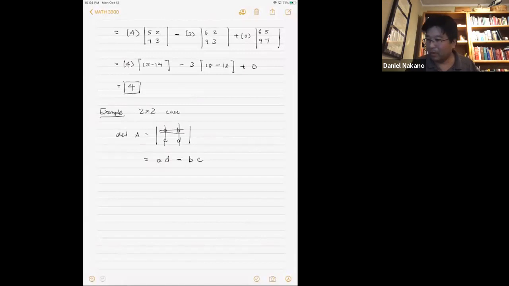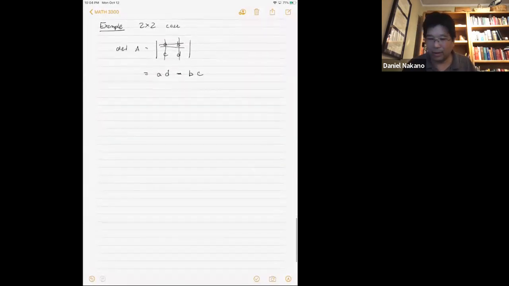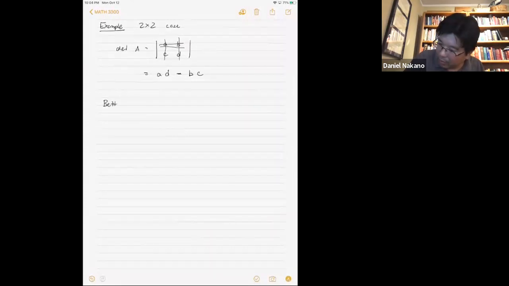Now what I'd like to do next is write this in a more compact notation involving what are called cofactors. So, definition.